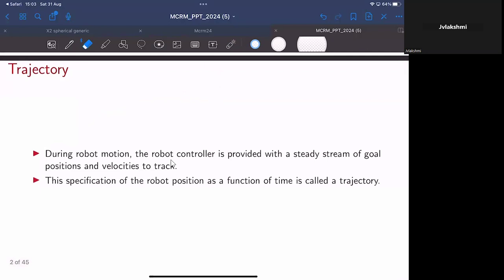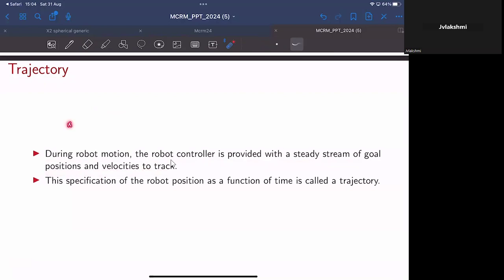So we'll deal with a few key definitions of trajectory. These are actually borrowed from the lectures of Professor Shantakumar. So what does the topic of trajectory cover? The first point is that during robot motion, the robot controller is provided with a steady stream of goal positions and velocities to track.